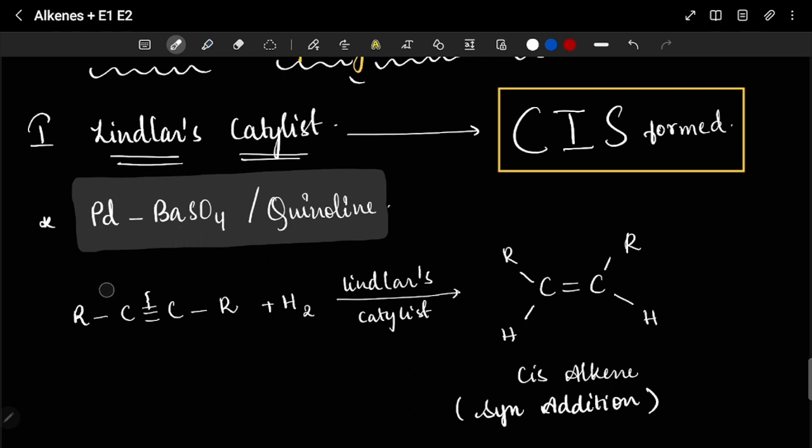Palladium barium sulfate in the presence of quinoline is called Lindlar's catalyst. Lindlar's catalyst hydrogenation of an alkyne gives you a cis alkene.